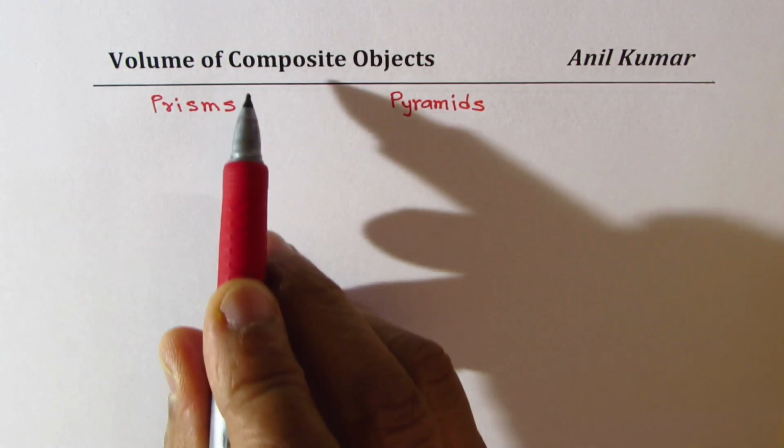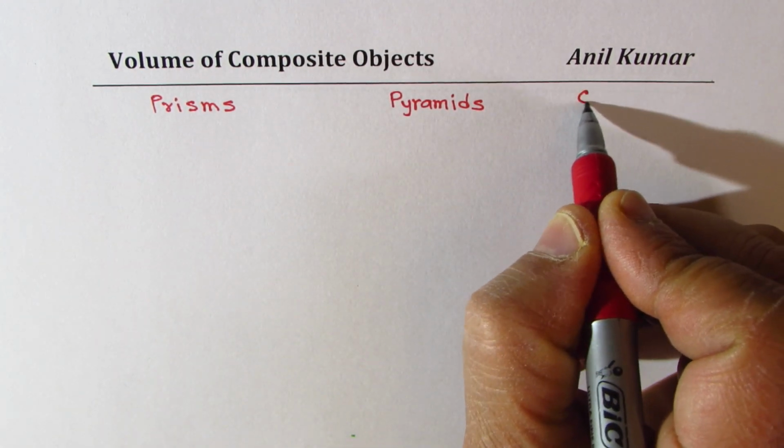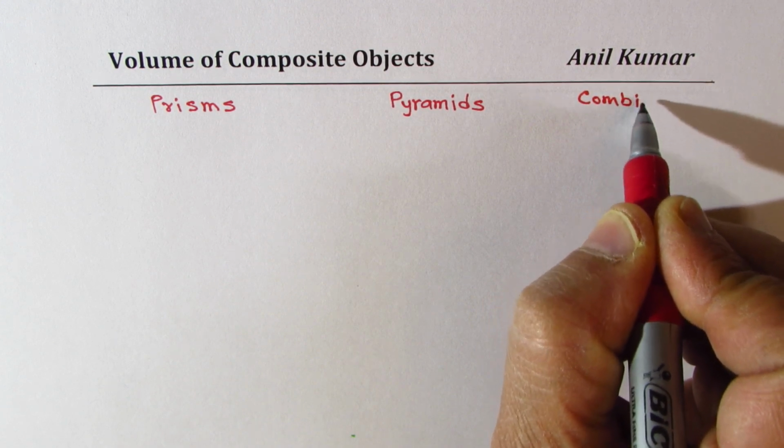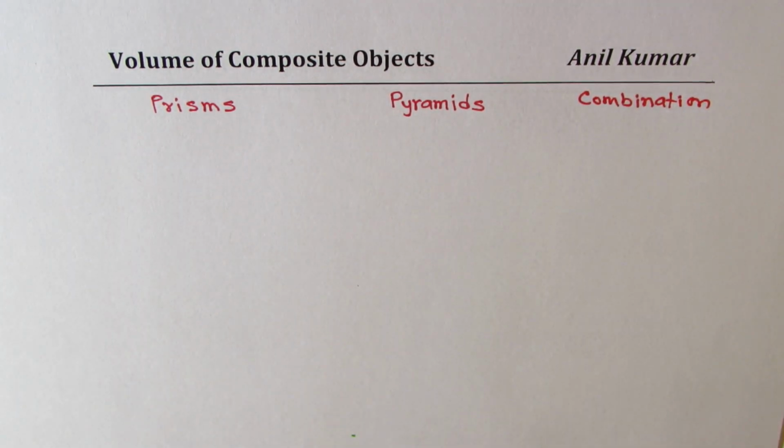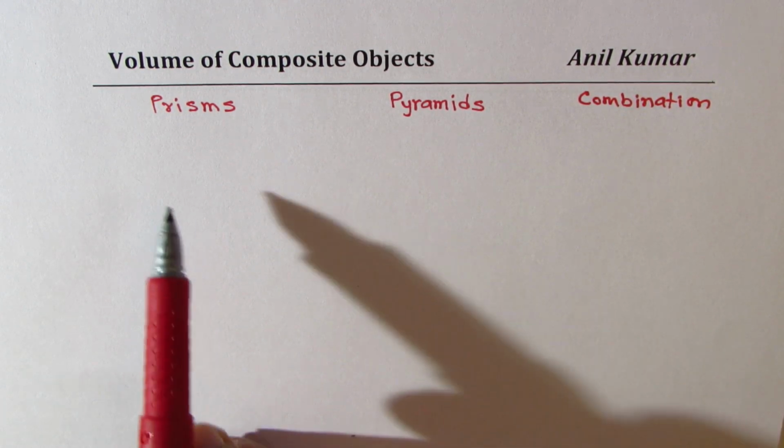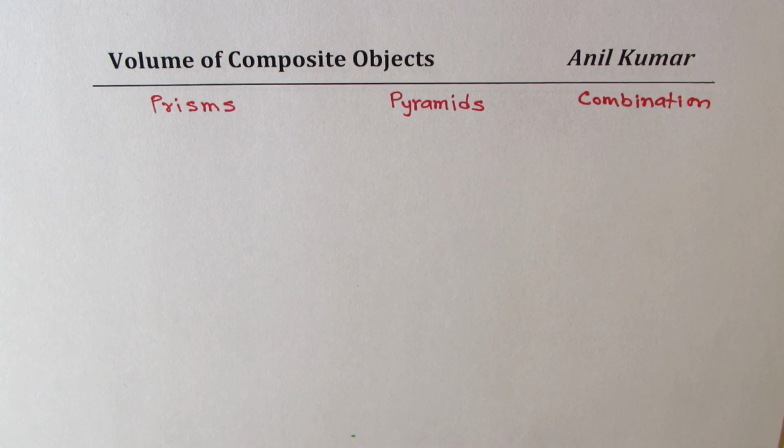What we are doing here is we are making composite objects, or combinations. So if we understand the basic objects, it'll be easier for us to get to the combination.